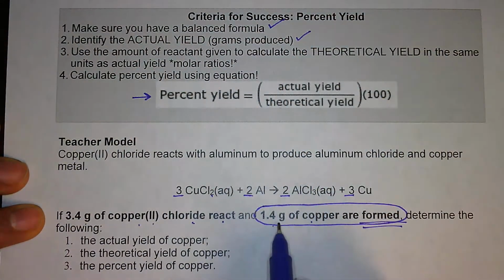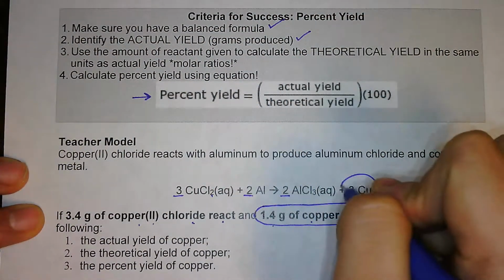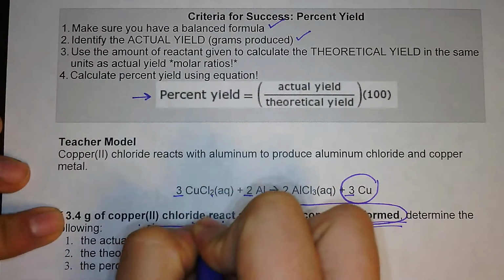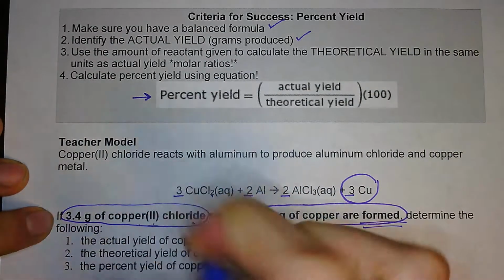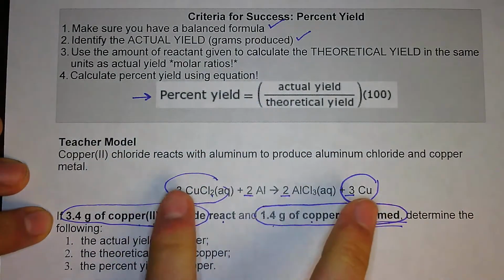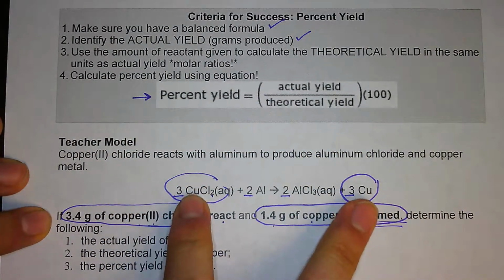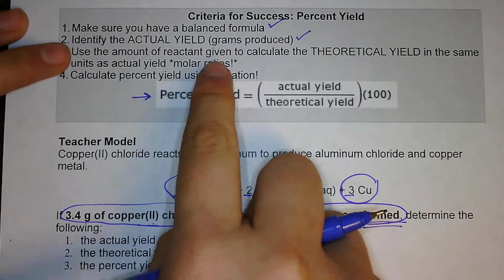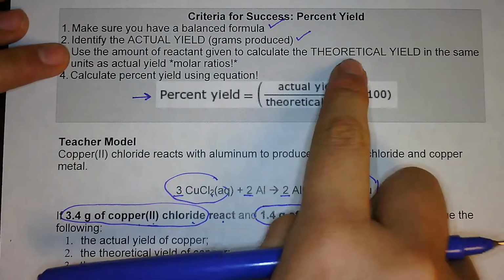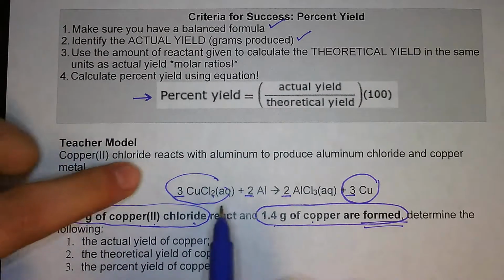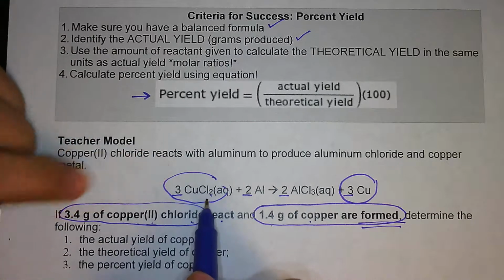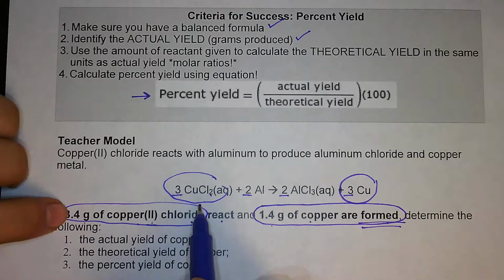So we are paying attention in this problem to copper. Copper is one of them, and the other one is copper 2 chloride. Copper 2 chloride is right here. So we need to compare these two. All right. Third step, use the amount of reactant given to calculate the theoretical yield. The reactants are on the left side of my arrow, and specifically the one that they're talking about is this one.